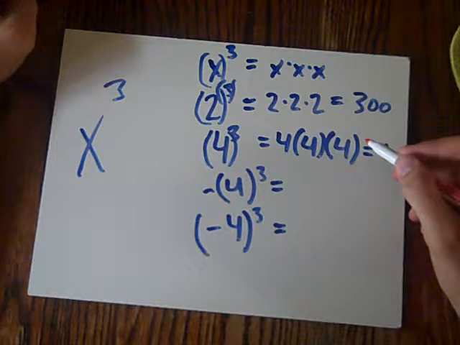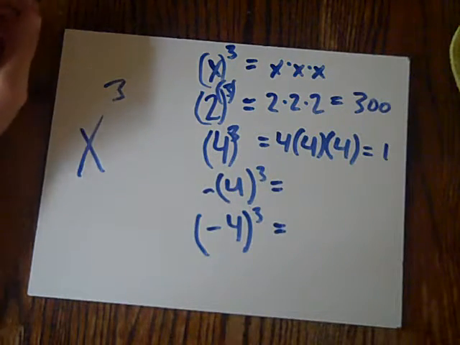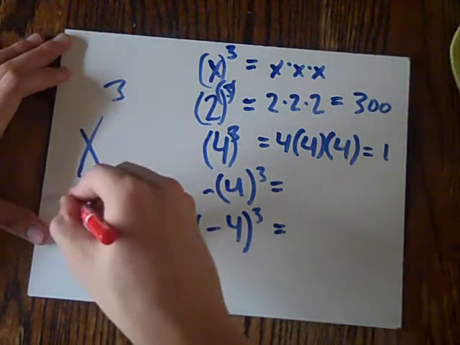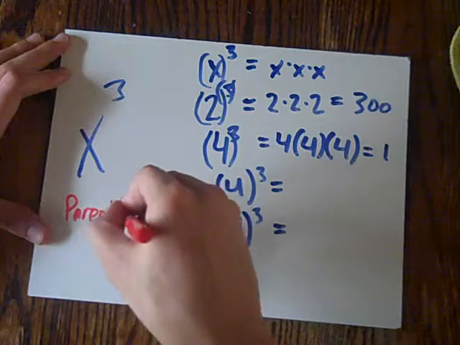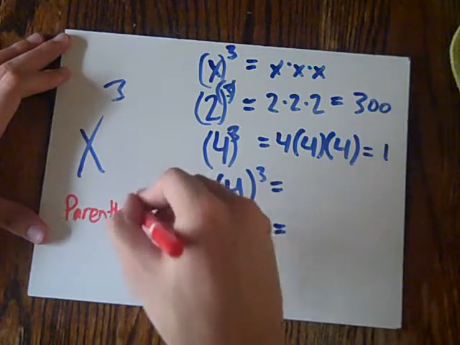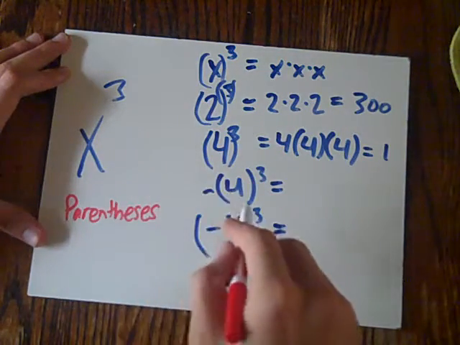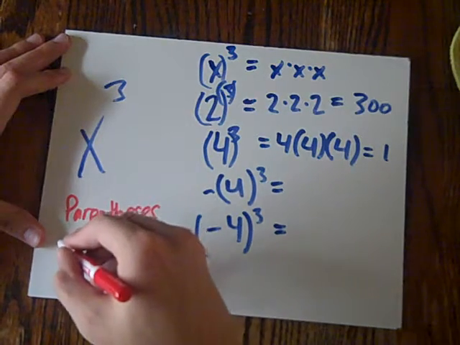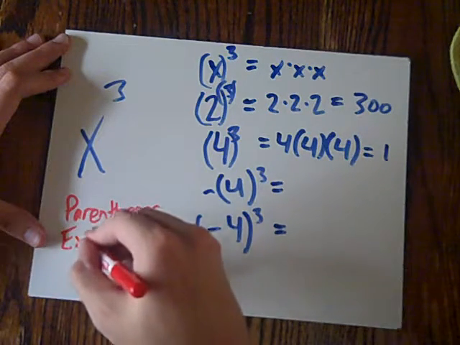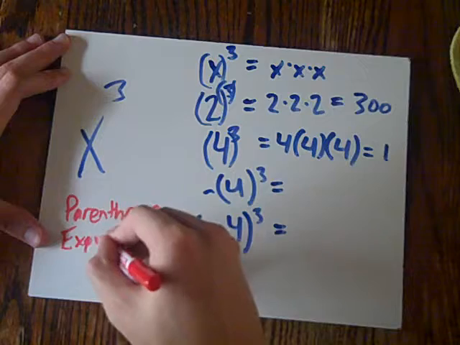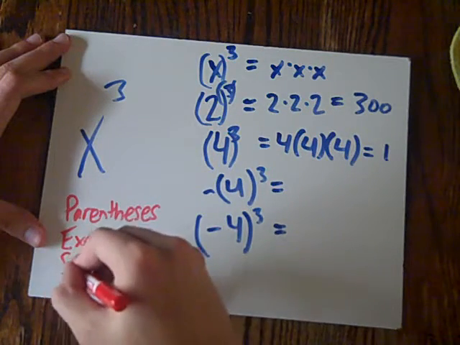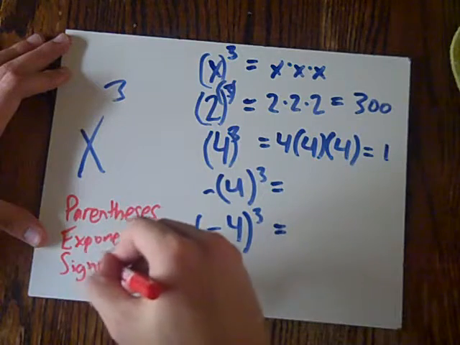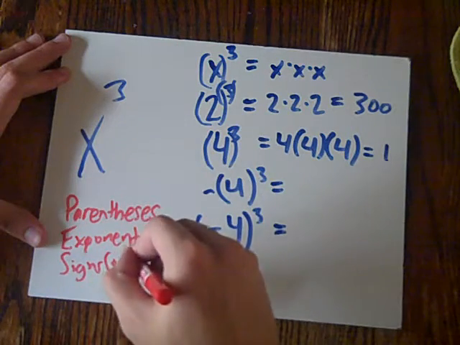You evaluate parentheses first, every time. Then, secondly, you go to exponents, and then you go to signs, which in this case is plus or minus.